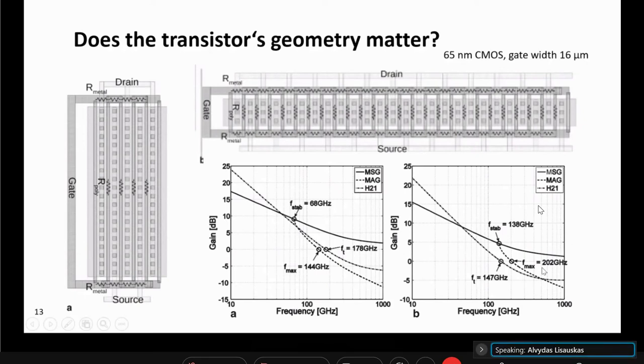And therefore, the price that we pay, due to additional capacitance, is that Ft of this technology's transistors really gets lower. But nevertheless, it allows us to make a fundamental oscillator below 100 gigahertz here in different configurations. So this is one point of art in addition to the circuit topology of the oscillator.